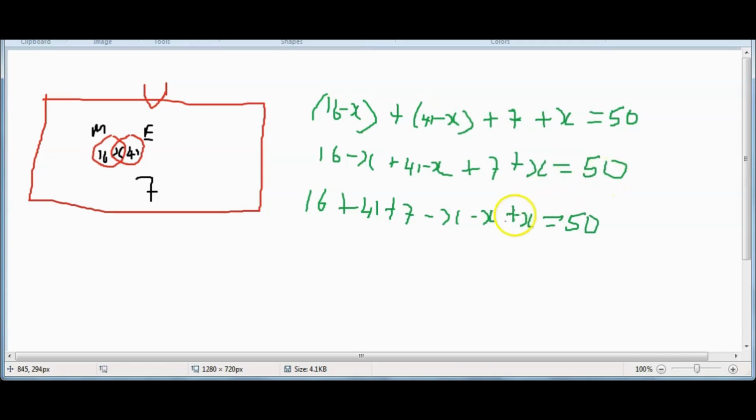Now the last two x's will go off. We're left with 64 minus x is equal to 50.